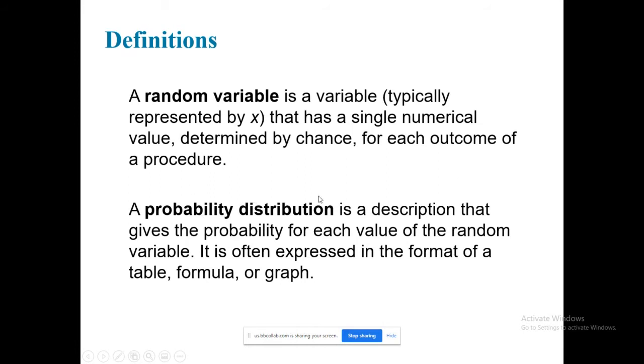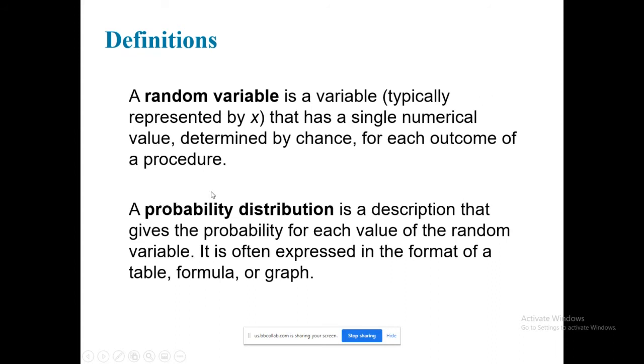Next, we have a probability distribution, and a probability distribution gives the probability for each random variable. It's often expressed in the format of a table, a formula, or a graph. I believe in chapter 2, we looked at frequency distributions and cumulative frequency distributions, and those distributions were set up in a table format.